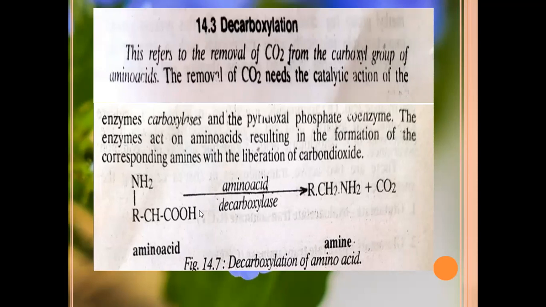In this process, carbon dioxide is removed from the amino acid in the presence of the amino acid decarboxylase enzyme. It is the decarboxylation process in cells or in amino acids.